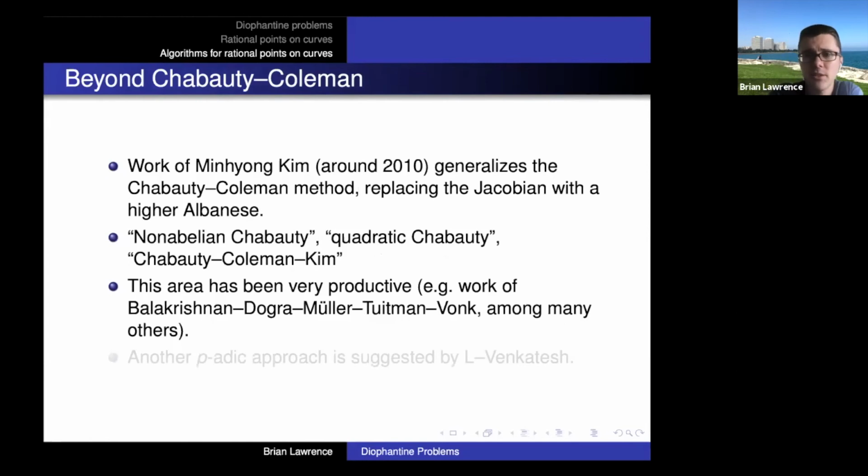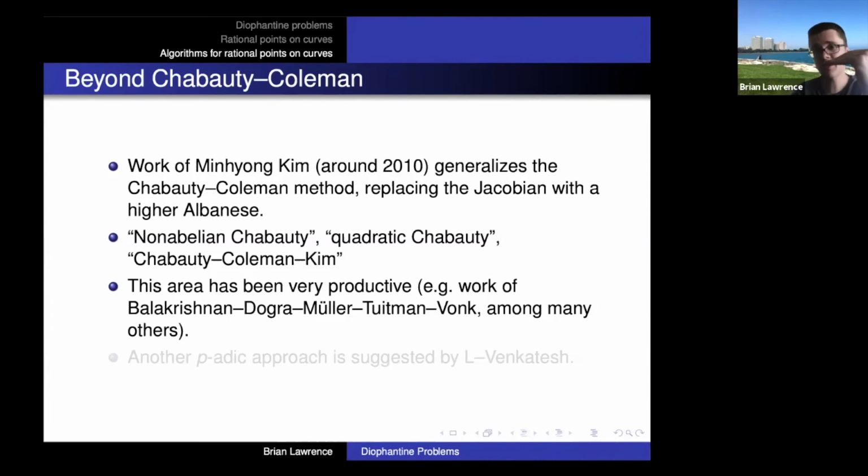Okay, great. I'd like to say some vague words about more recent work. The subject of rational points on curves has been very active lately. And of course, that's not because of Chabauty-Coleman, it's because of more recent work of Minhyong Kim. So Kim's method, sometimes called non-abelian Chabauty or Chabauty-Coleman-Kim, offers a more powerful generalization of Chabauty's method, where you replace the Jacobian with a series of higher Albanese varieties.